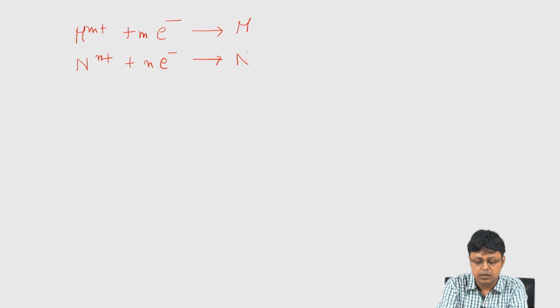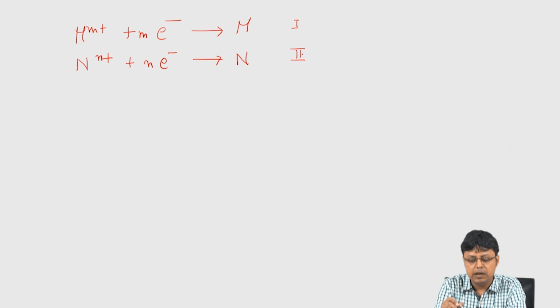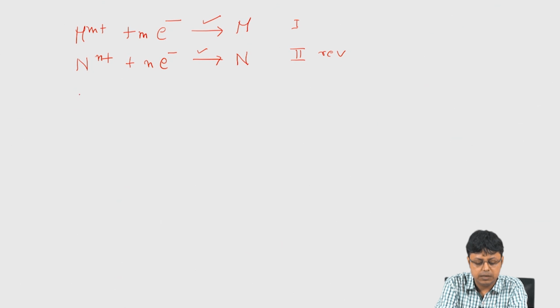and then we will show that instead of writing the equation this way, one of the reactions will be spontaneous. Suppose this is some reaction, we call it reaction 1, and this is reaction 2. If there is a spontaneous direction where this is happening in the forward direction but that is happening in the reverse direction, then the overall reaction will be M+ plus N going into, sorry, we will take the difference between these two reactions.